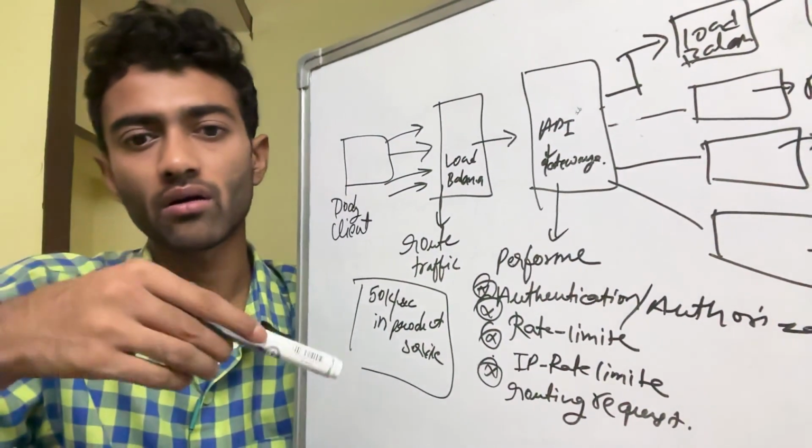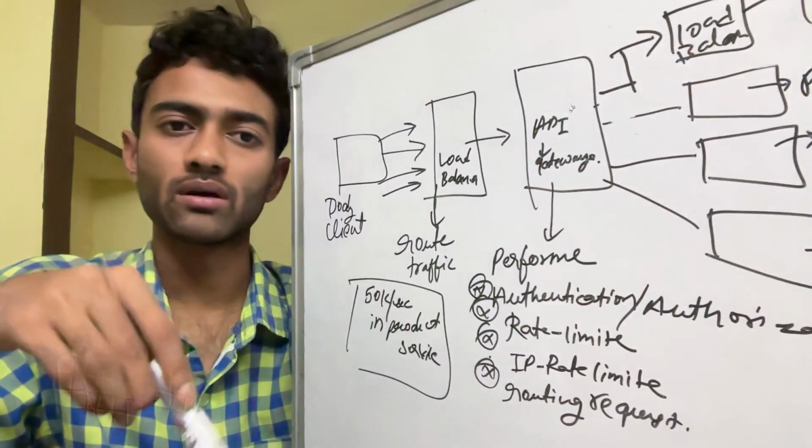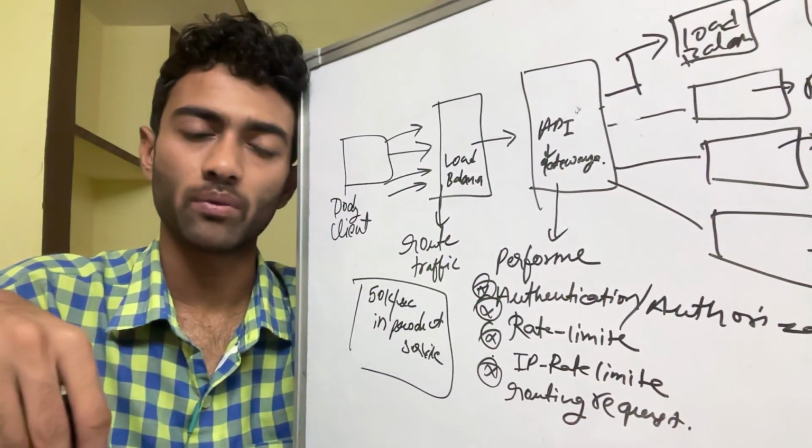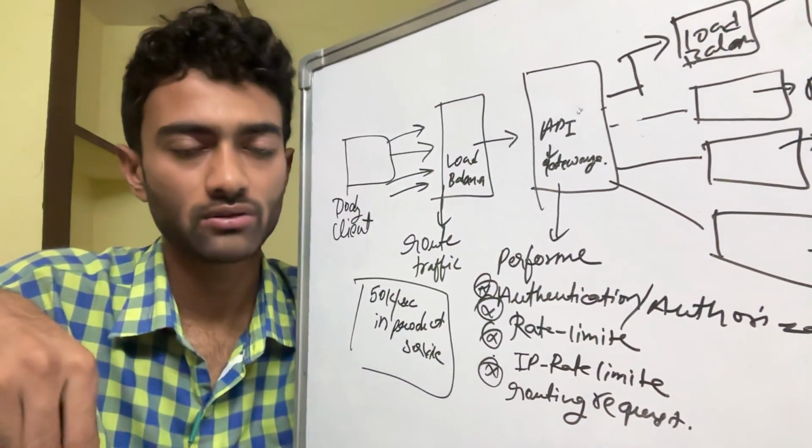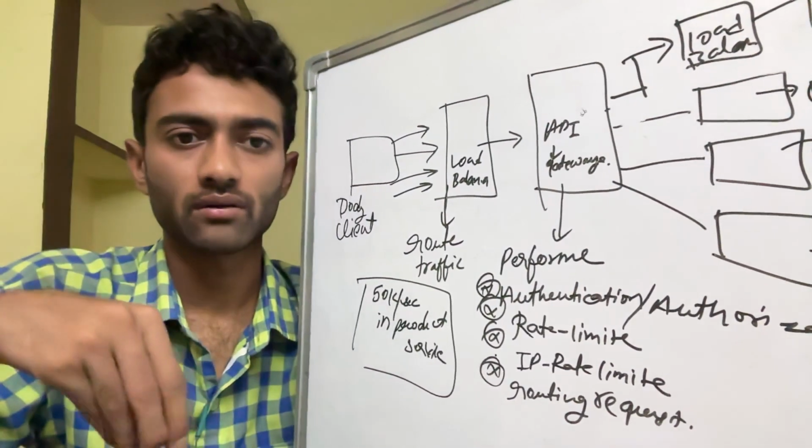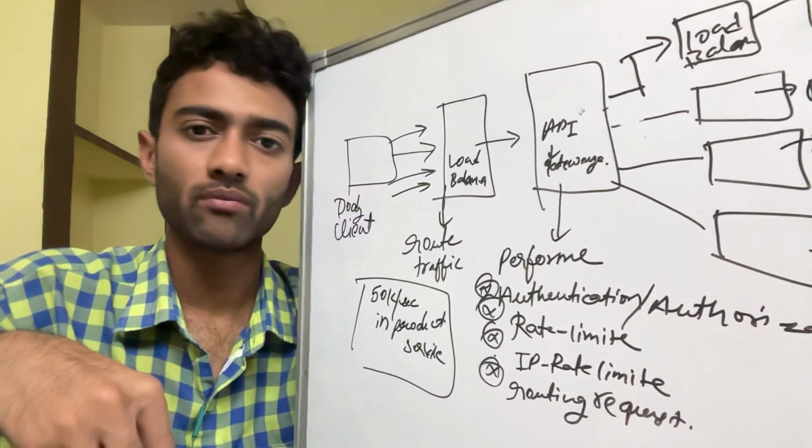And to offload frequent operations. For example, authentication, authorization, rate limiting, IP rate limiting, and request routing are frequent operations performed in servers.